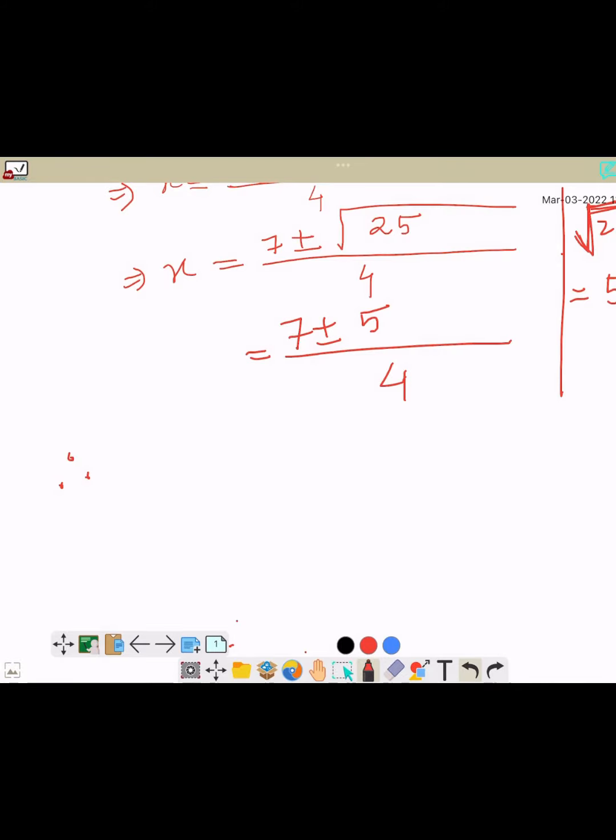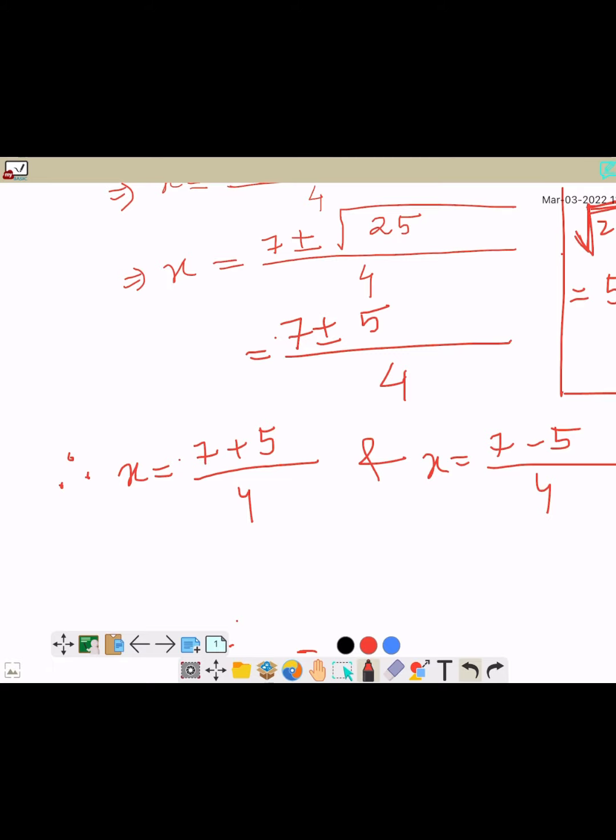Hence x is equal to 7 plus 5 divided by 4, and x is equal to 7 minus 5 divided by 4, because we have root, so once plus and once minus. Everything is the same except this sign.